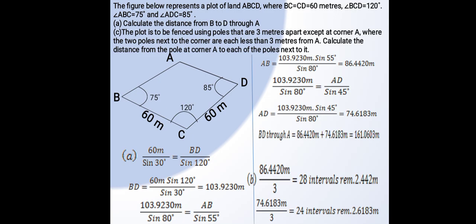That is the distance of the pole on the side of B to the nearest pole at point A. Now, let's look at AD. AD, 74.618 divided by 3. We get that we shall have uniform intervals of 24 and a remainder of 2.6183, which is not divisible by 3. That is the distance of a pole at A on the side AD to its nearest pole.